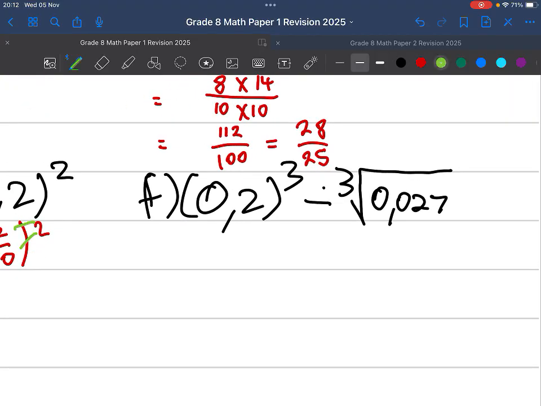We're almost at the end of this video. So equals 0,2, 1 decimal place, 2 over 10. Small 3 means cubed.